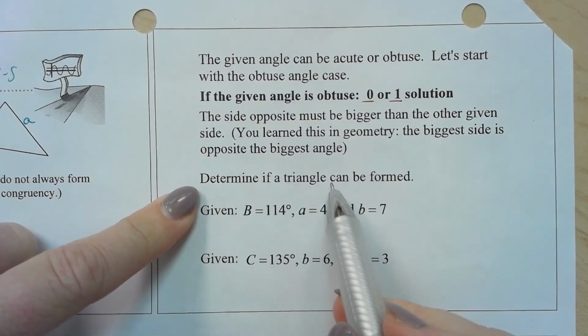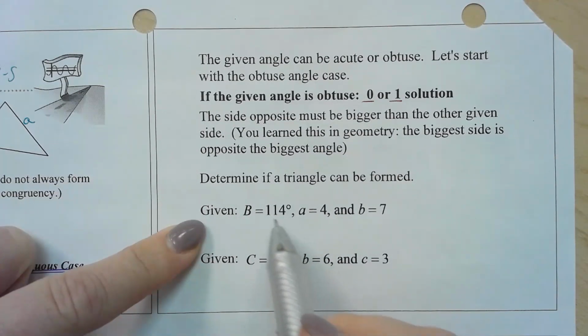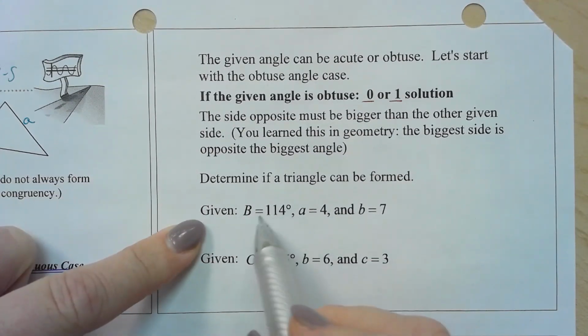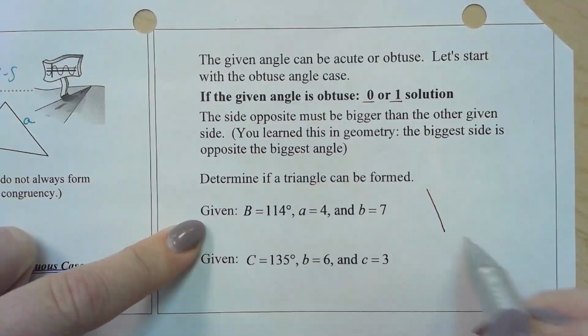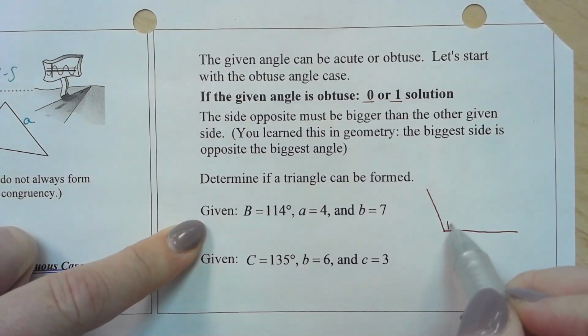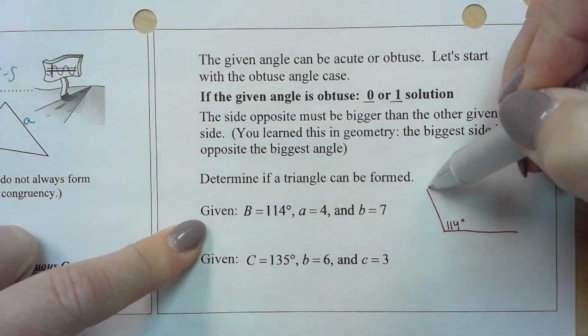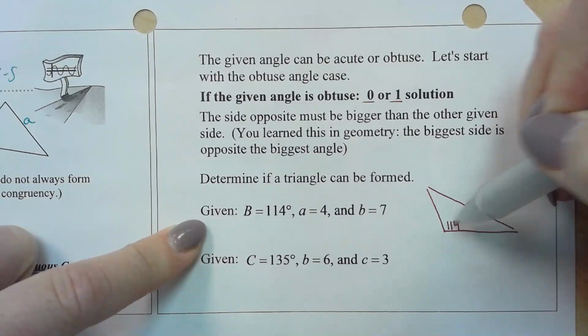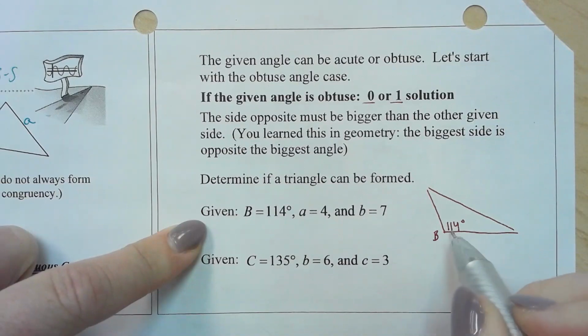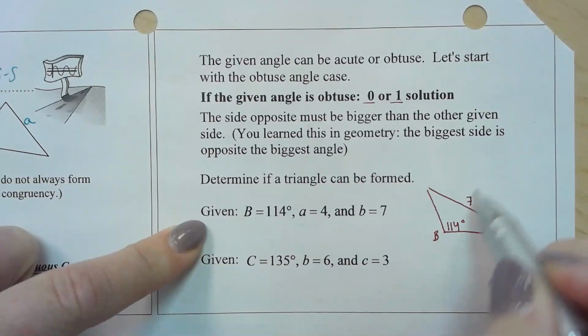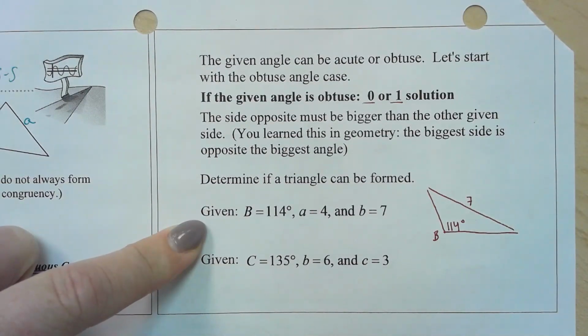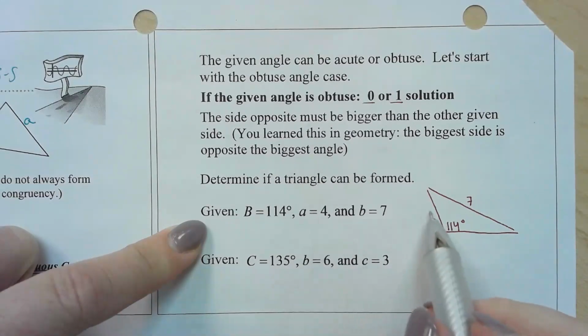So let's draw some pictures. It says determine if a triangle can be formed. So we have angle, side. I'm going to draw a picture. That is an obtuse angle, so I'm going to make it look like one. I'm not asking you to get out protractors and rulers, but we're just going to draw. So there's my obtuse angle. That's angle B, which means side B has to go across from it. The only other piece of information I have is the other side, and that can go here or here.